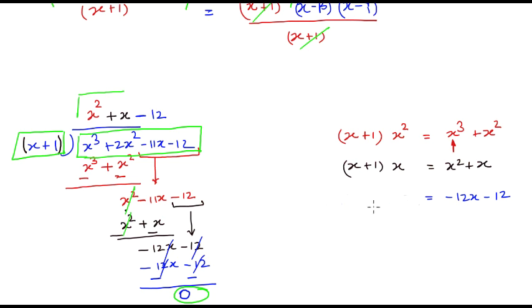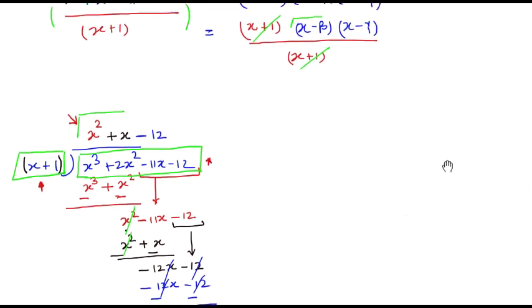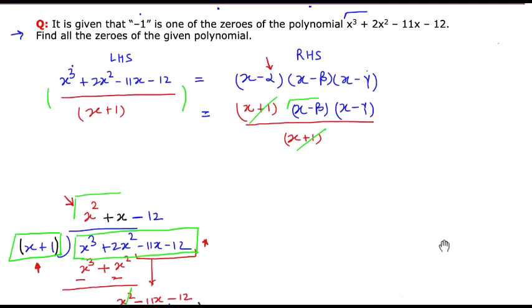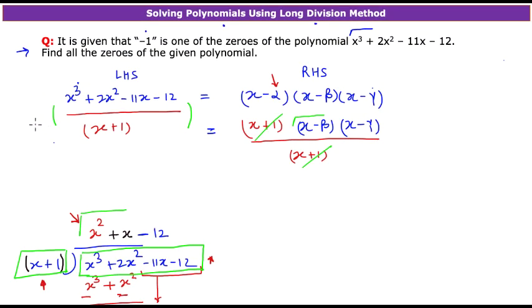Now let me get rid of all of these extra multipliers and multiplications so that we can make room for more calculations here. So let me go back up and put that result here in our original expression. So what you have really accomplished so far is that this division that we wanted to carry out gives me a polynomial which is x squared plus x minus 12.